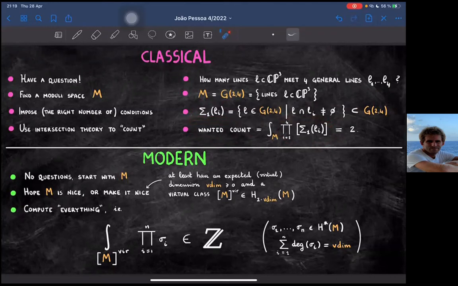And if you're interested, in this case, the answer is 2. So here, this product symbol is the product in the cohomology ring of the Grassmannian. So here we are intersecting 4 divisors, codimension 1 subvarieties inside a 4-dimensional space.